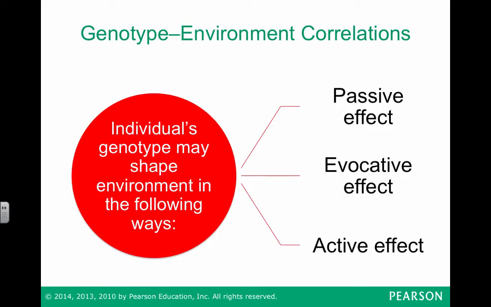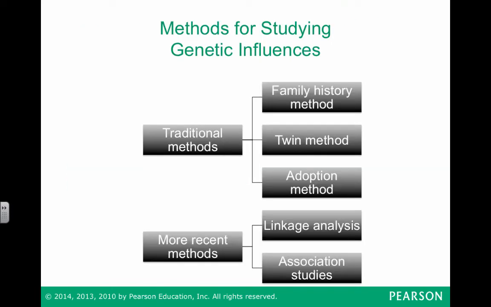So what I'm referring to is what we call genotype environment correlations, and this refers to the way that an individual's genotype may shape the environment, and it can be shaped through a passive effect, an evocative effect, or an active effect. And you can read more about this in your textbook. It's really very interesting, but make sure that you have it straight in your head and are able to recognize it on an exam.